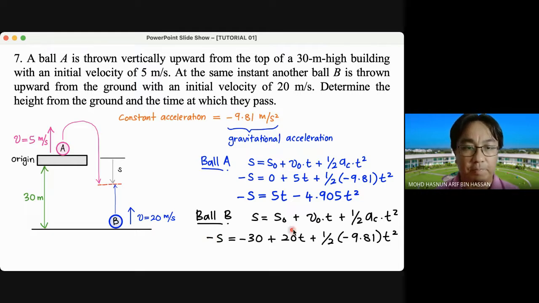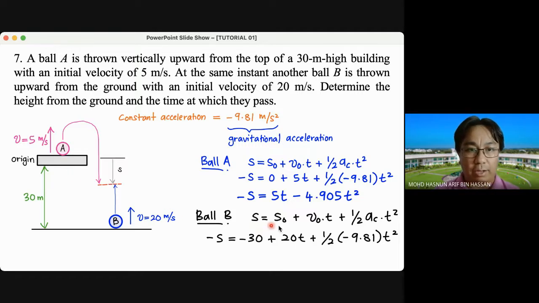Okay, sama saja. Alright, S naught. Okay, S naught ni, this is why it is important to establish an origin. So kalau tadi S naught equals to 0 because ball A is exactly at the origin. Now ball B is not at the origin. It is 30 meters down ataupun 30 meters below the origin.